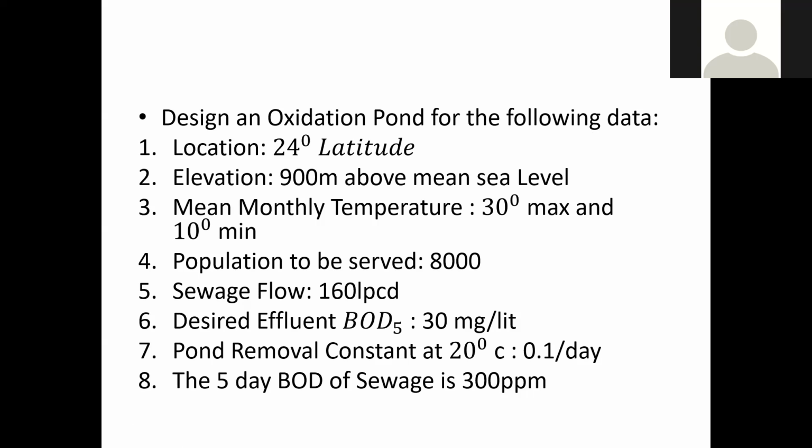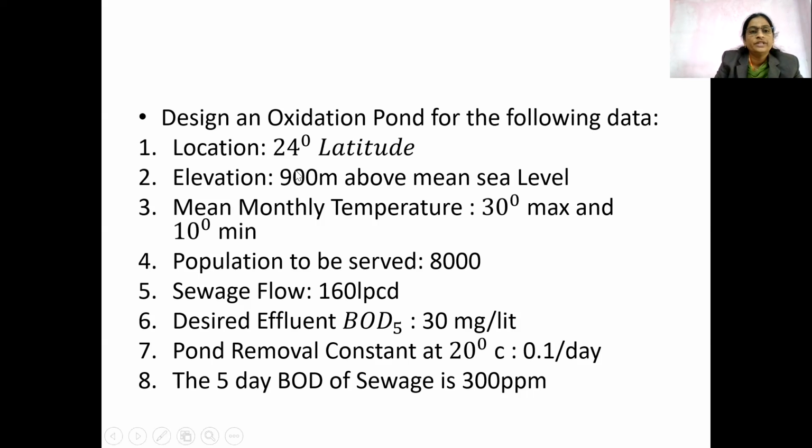Okay. I hope you have finished this write-up. Now, oxidation pond for the following data. What is the data given to you? The latitude is 24 degrees. Elevation is given as 900 meters above mean sea level. Mean monthly temperature range is 30 degrees maximum to 10 degrees minimum.